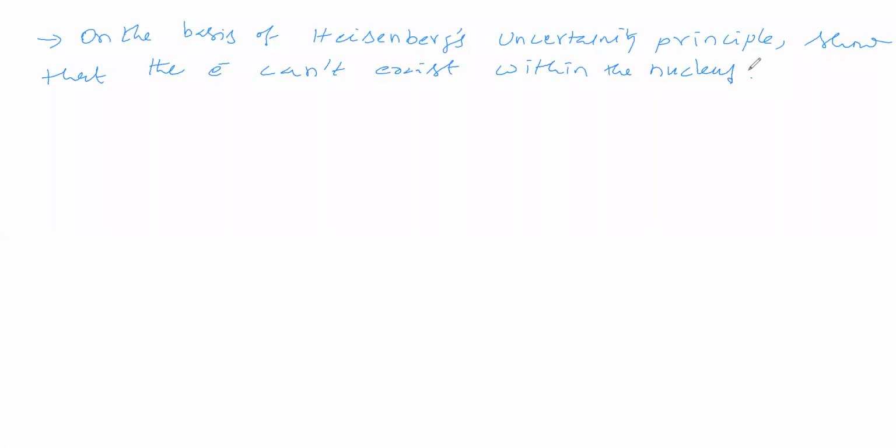So using Heisenberg uncertainty principle, what we have to say is that the electron cannot exist in the nucleus.